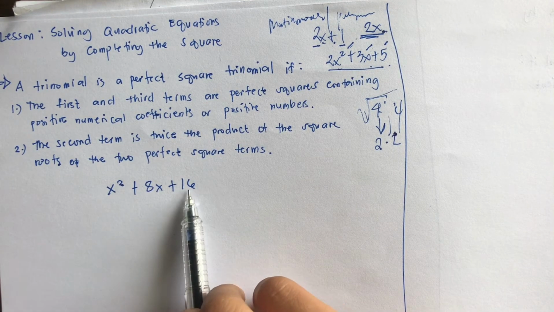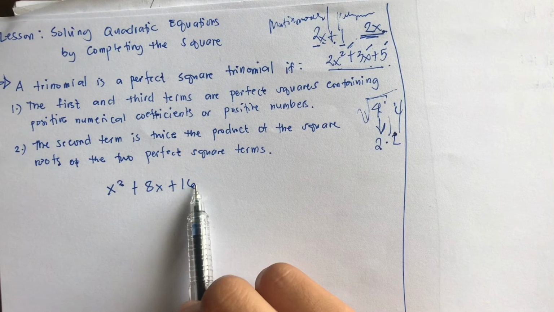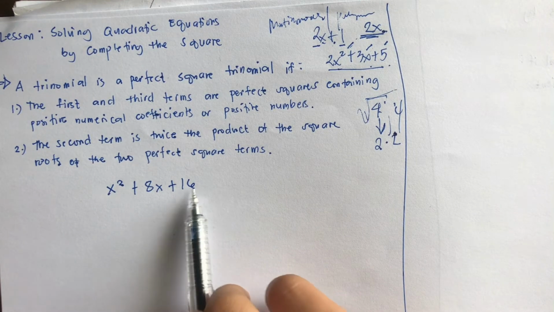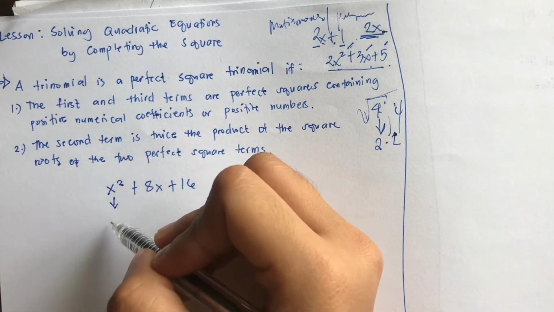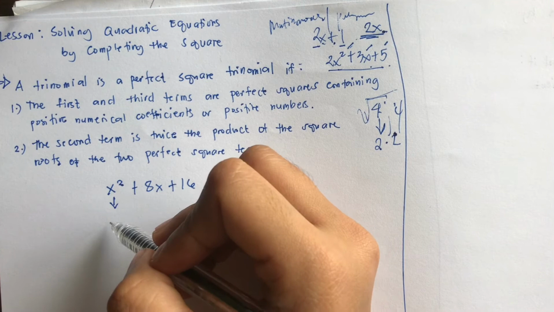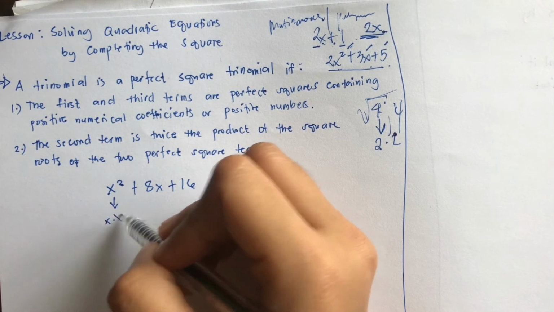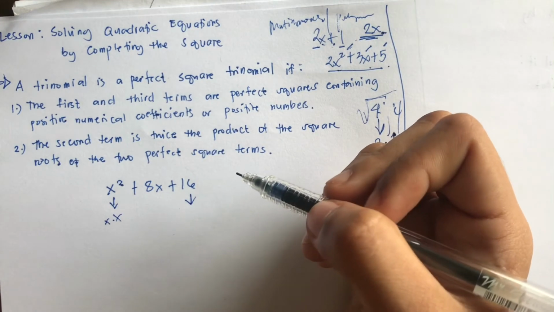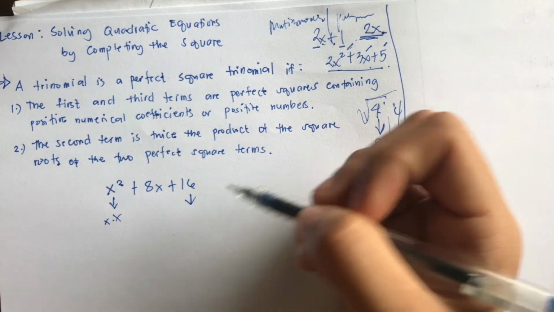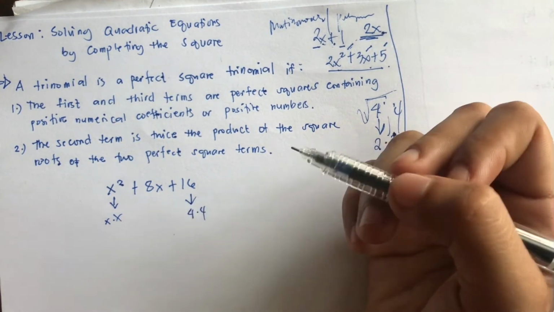The second one, the third term, we have 16. So, still, this is a perfect square. Kaya nga naman, 4 times 4, that's 16. So, kani, ang first term, this is a perfect square since we have the factor x times x. Well, the third term, this is still a perfect square since we have the factor 4 times 4.